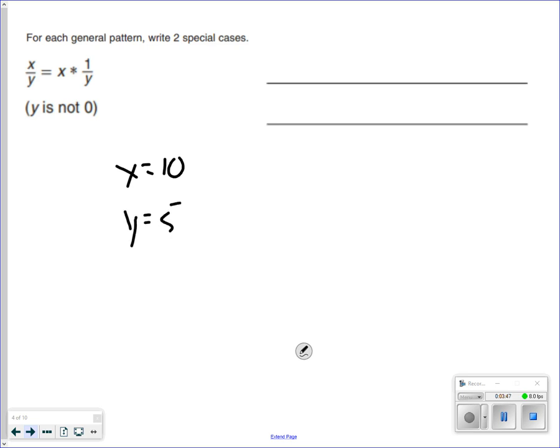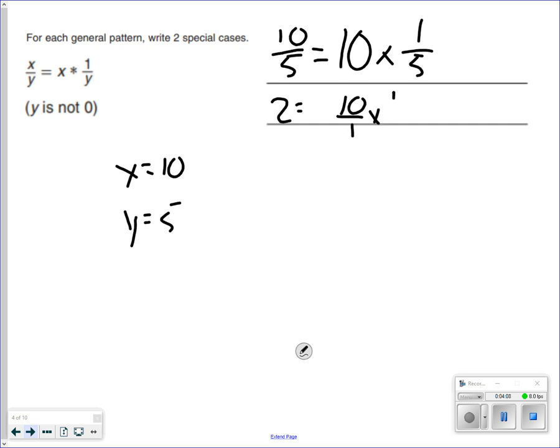We have 10 over 5, because over here we have x over y, equals x, which is the 10, times 1 over the y. So this is 10 over 5, which would give us 2 for an answer. If we multiply, this would also be 10 over 1 times 1 over 5. We get 10 over 5, which also equals 2. So 2 equals 2. That works out.